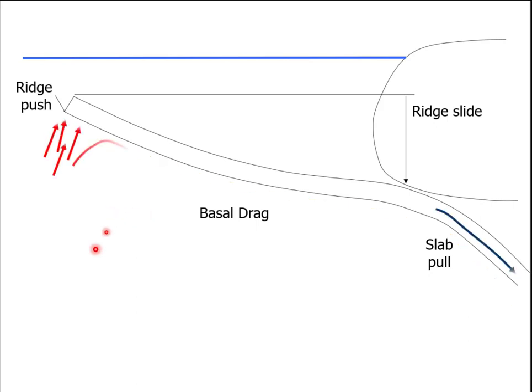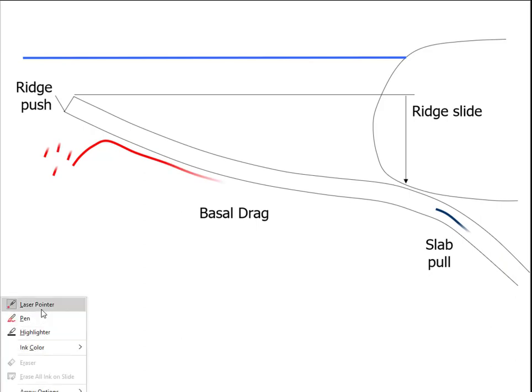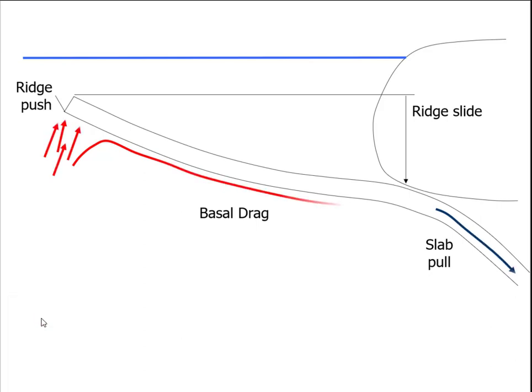Here's the problem. Let me draw. There are places where we know for a fact that the convection is moving one way, and this isn't the case with the Nazca plate, so don't be specific about that. But we know for a fact that the convection is moving one way and the plate's moving the opposite way.